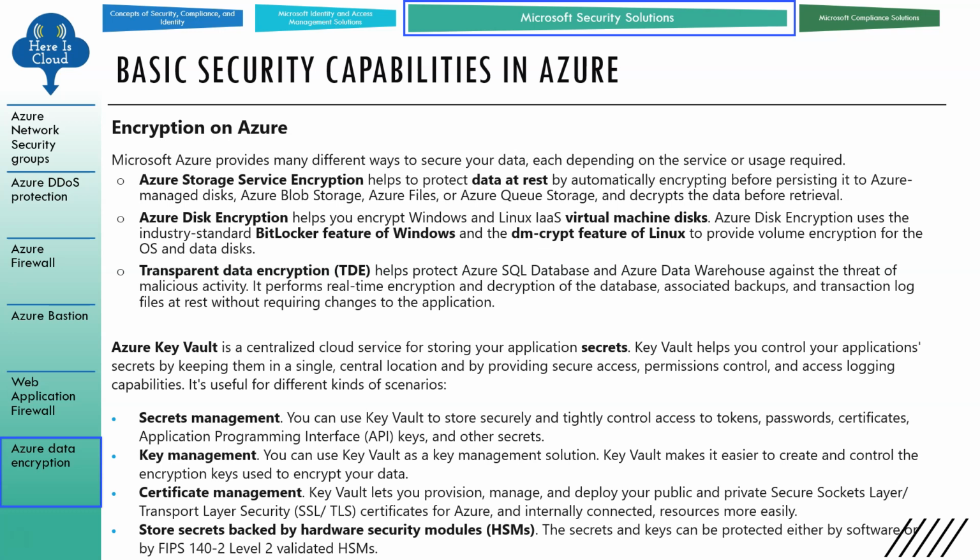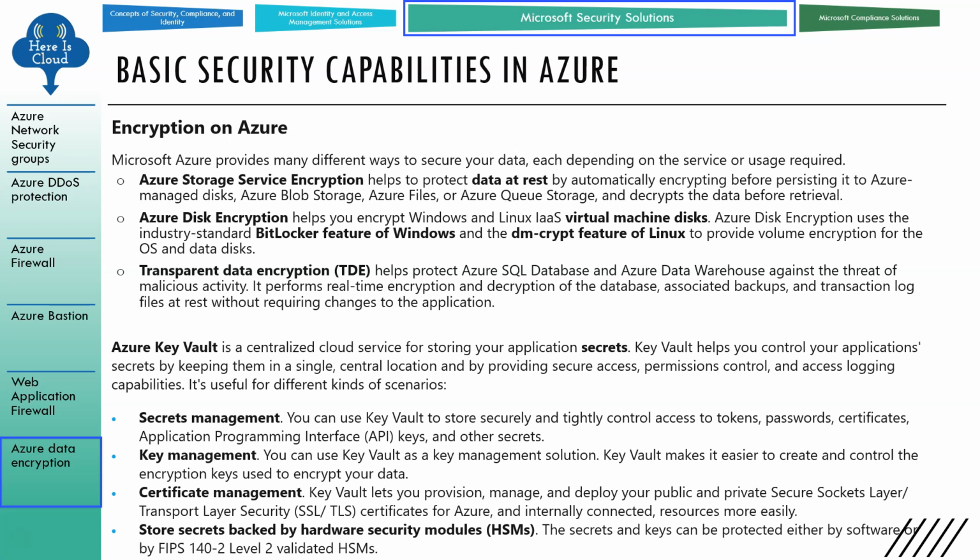And the next important topic is Azure Key Vault, which is a centralized cloud service for storing your application secrets. It helps you control your application secrets by keeping them in a single centralized location, providing secure access, permission control, and access logging capabilities. It can be used for different scenarios like secret management, for example, tokens, passwords, certificates, application programming interface keys, and other secrets.